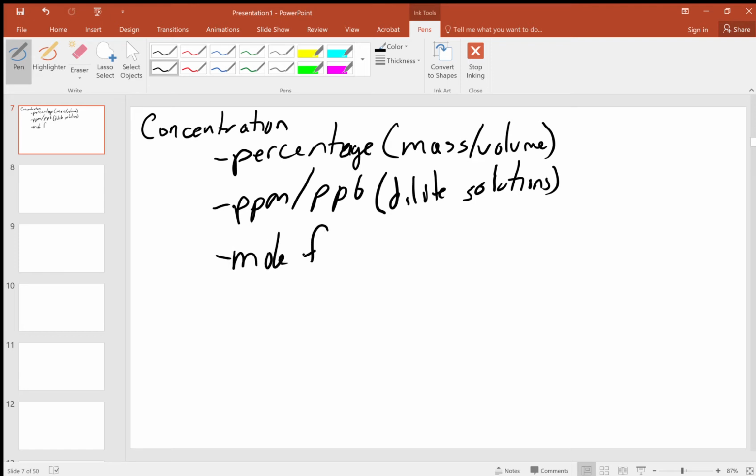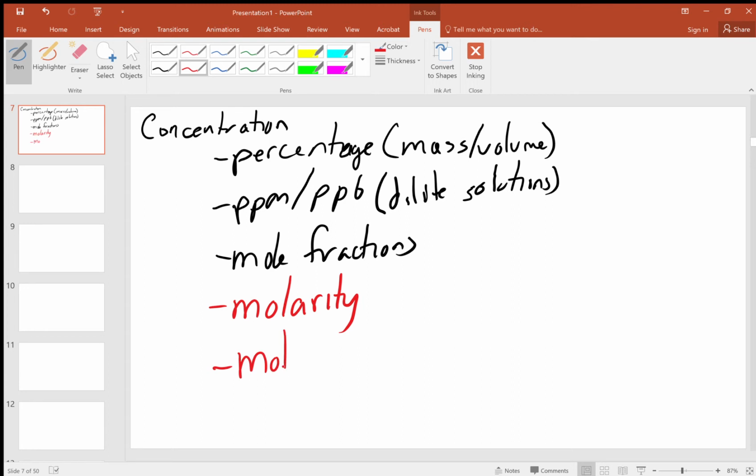We'll talk briefly about mole fractions. And then the two that are most important are molarity, and then less important, but still important, is molality.